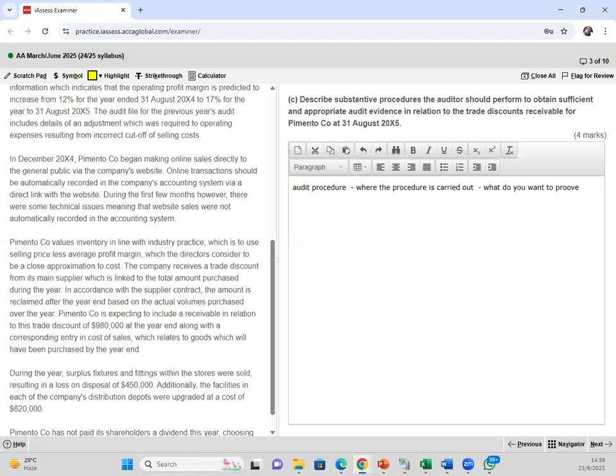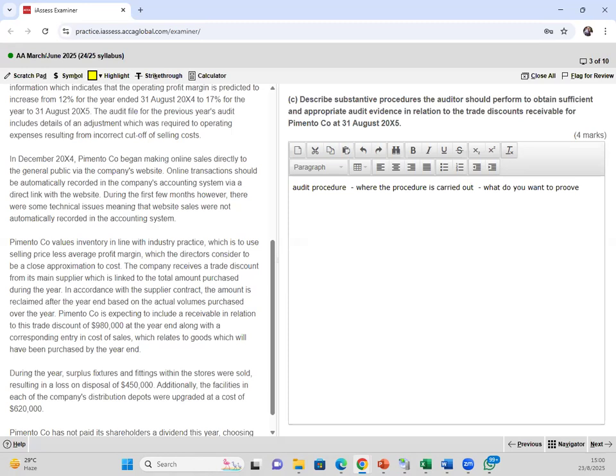P company is expecting to include a receivable in relation to this trade discount of 980 at the year end, along with a corresponding entry in cost of sales, which relates to goods which have been purchased by the year end. So there is an issue with the trade discount.